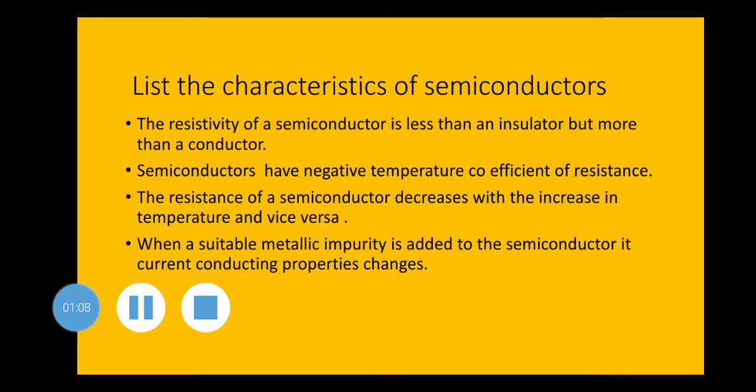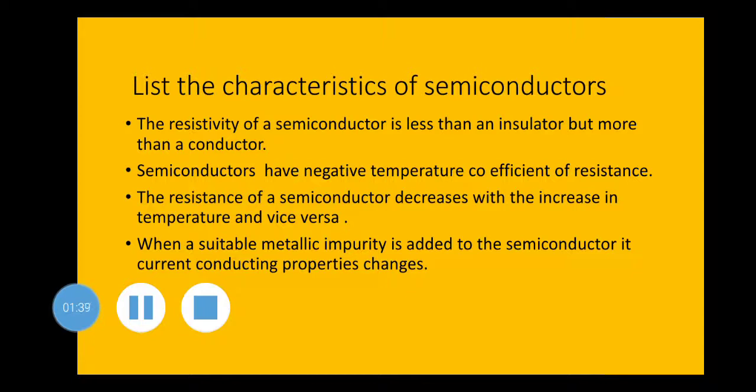Next one, list the characteristics of semiconductor. Here the characteristics are: the resistivity of a semiconductor is less than in an insulator but more than a conductor. Semiconductors have negative temperature coefficient of resistance.